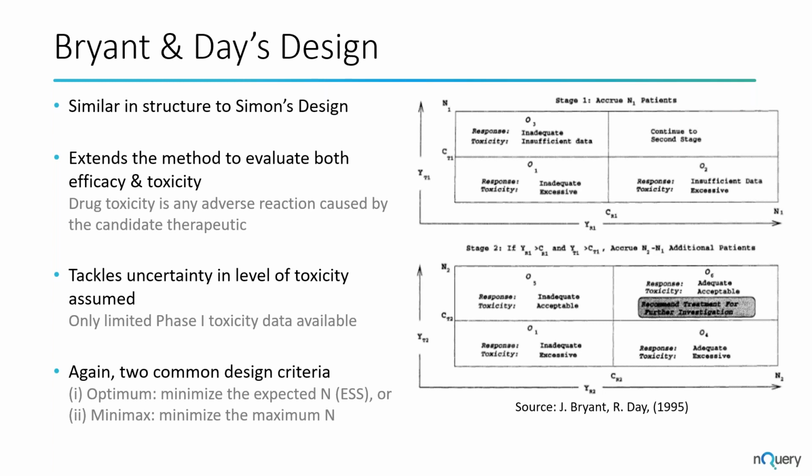So despite the safety profile found in phase 1, there's still a level of uncertainty associated with this. This is what the Bryant and Day design helps to tackle.